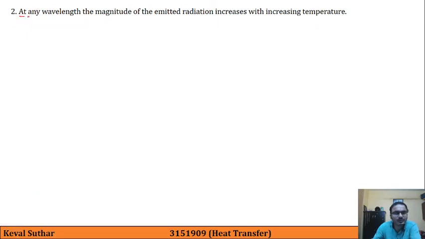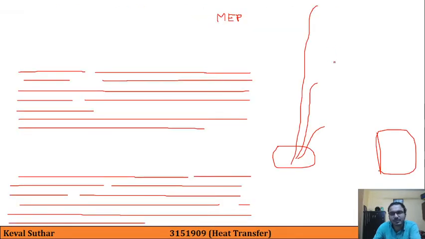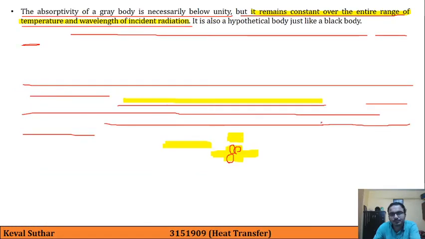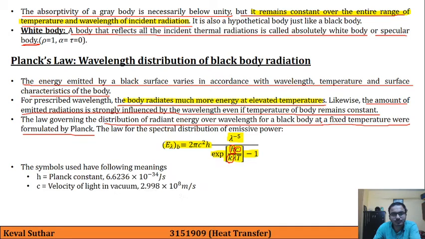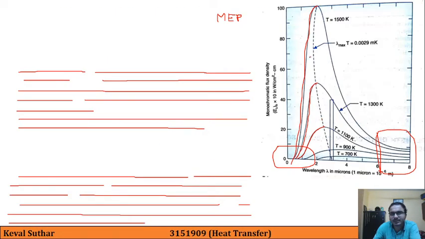Second, at any wavelength, the magnitude of emitted radiation increases with increase in temperature. That can be seen from the figure, that as temperature is increasing, the emitted energy is also increasing.